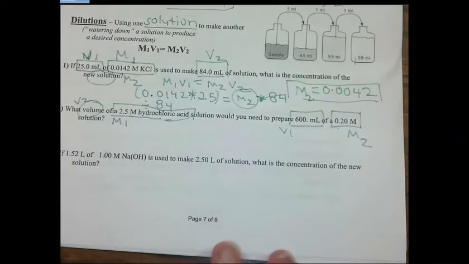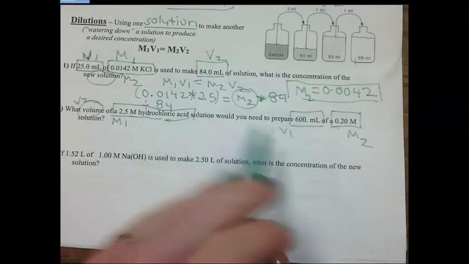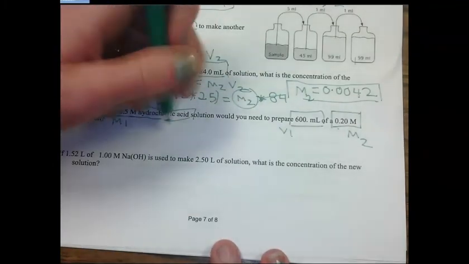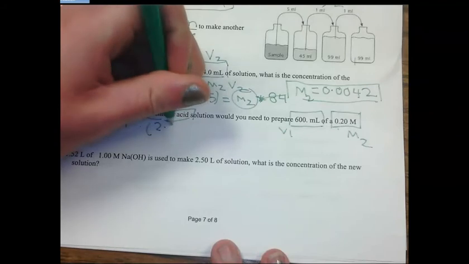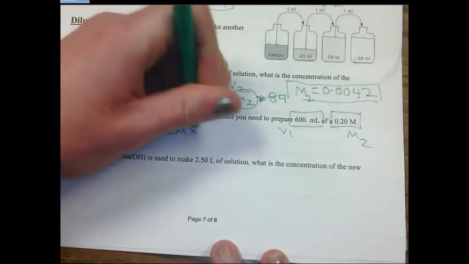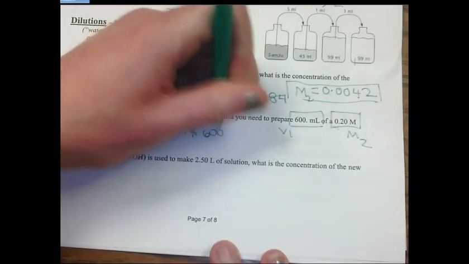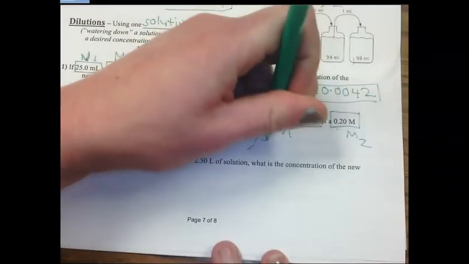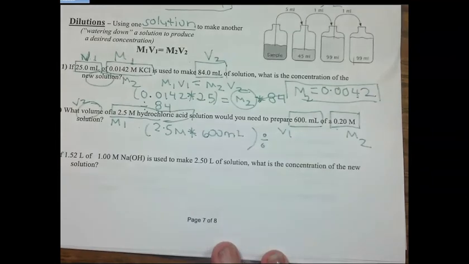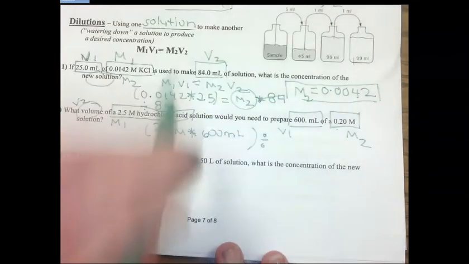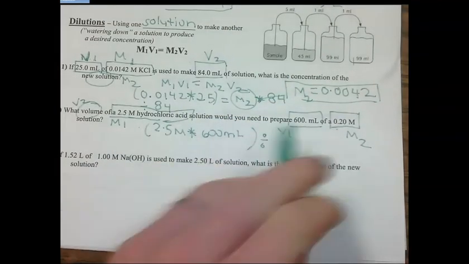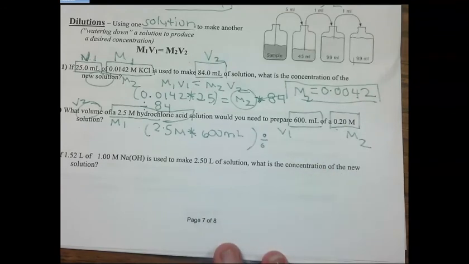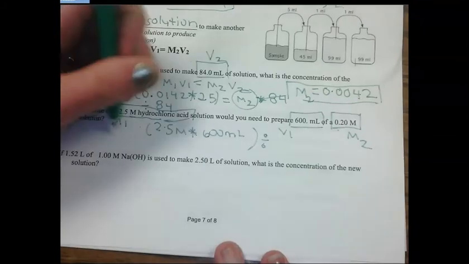So once again, you want to multiply the pair, multiply the two that go together. So I'm going to say 2.5 molar times 600 milliliters, multiply the pair, and divide by the other one that's left over to get what you are missing. I'm going to divide by my other M in order to solve for my V2.